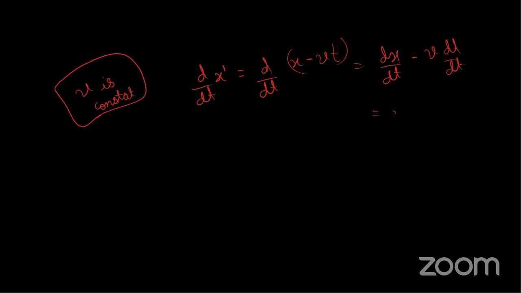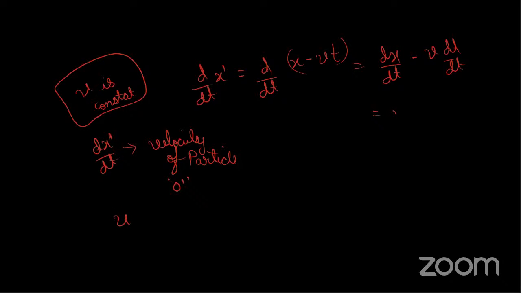Now dx dash by dt is the velocity of the particle for an observer at O dash, whose reference frame is at O dash. For him, the velocity is dx dash by dt.